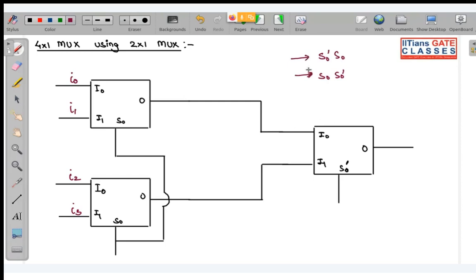Which will be MSB and which will be LSB? Option 1 or option 2, which is correct? A 4 cross 1 mux has 2 selection lines, and out of the 2, one will be MSB and one will be LSB. You need to tell me which option is correct for the selection lines.